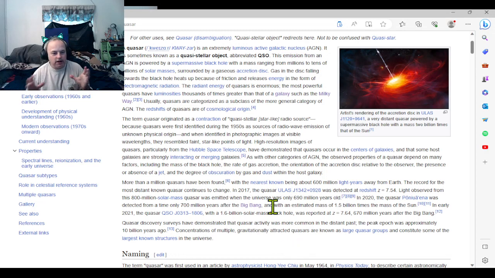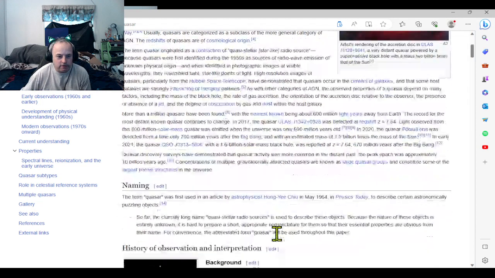But the actual mass of it is what is there. And if you have the mass of one of these, surveys demonstrated the quasar was more common in the distant past, approximately 10 billion years old.